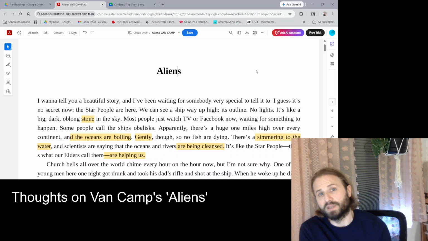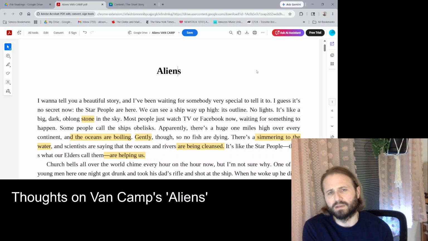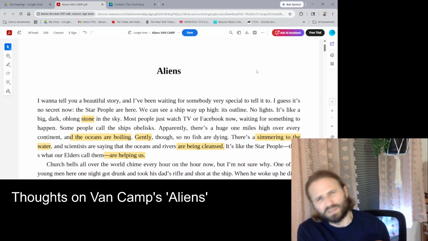The author actually mentions that the oceans are being cleansed. You know, they're gently simmering, but they're being cleansed. And the elders actually mention in here in the bottom that they're helping us. So there's this mysterious thing in the sky that's actually helping us. And this is the foundation for the story.